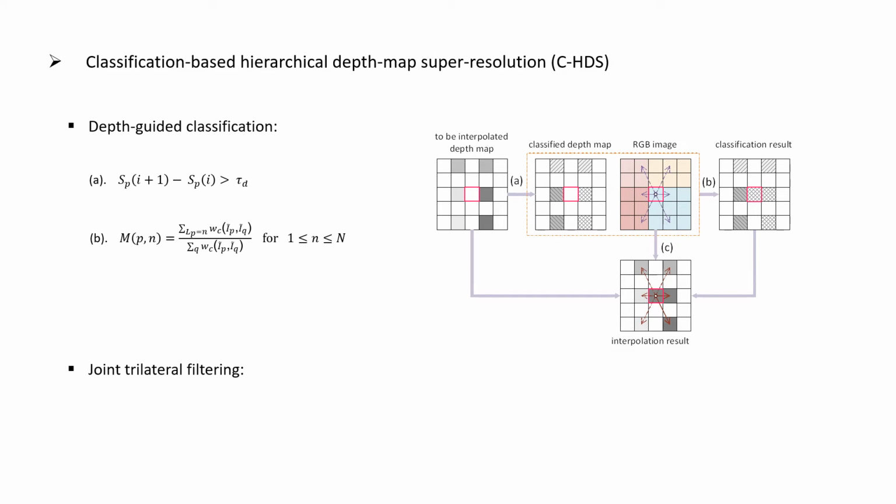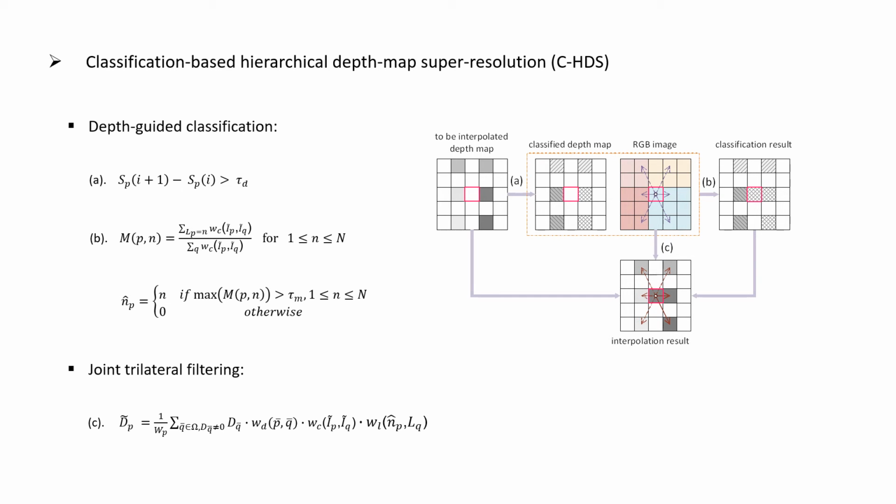Secondly, with the aid of the RGB image, probabilities of a current point belonging to each class are calculated according to the Gaussian weights from the corresponding RGB points, where n represents the total number of classes. If the maximum probability of P is larger than a threshold, the current point is assigned to this class.